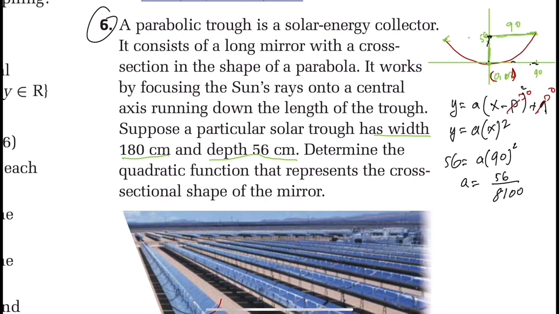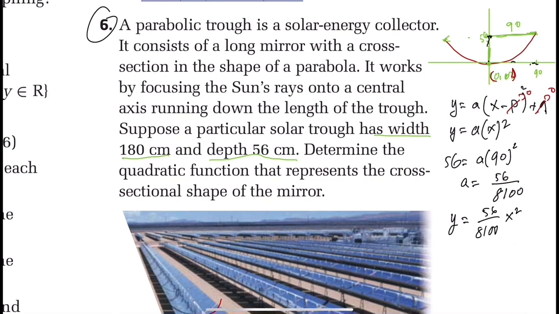So this is my a. My final answer is y = 56 over 8,100 x². You can reduce this if you want, but the basic equation is this. You have a calculator, so you can reduce it, I think, to 14 over 2,025.